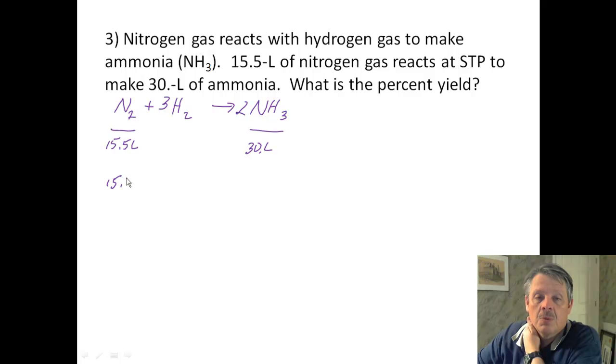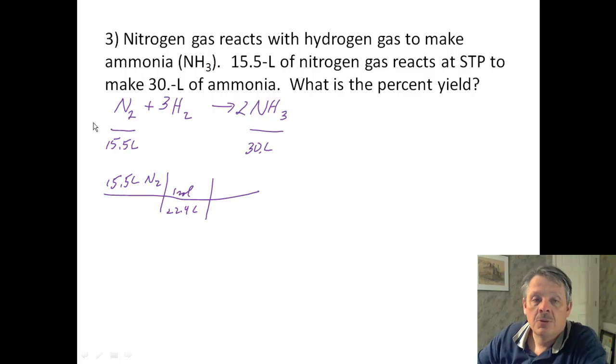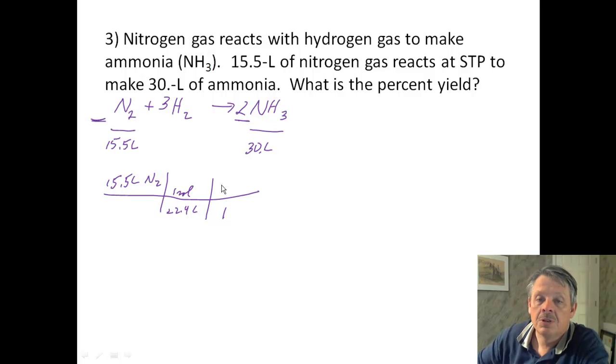So we start with 15.5 liters of N2. We have to get rid of 22.4 liters in 1 mole. And what's our molar ratio? Well, we're going from nitrogen, which has a molar ratio of 1, to ammonia, which has a molar ratio of 2. So it's moles of NH3 over moles of N2.